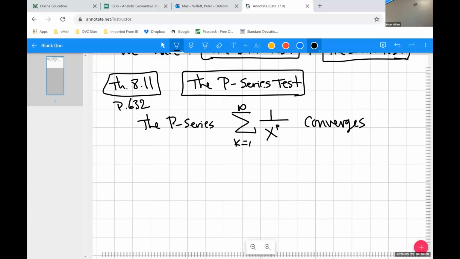And it converges for p-values greater than 1 and diverges for p-values less than or equal to 1.